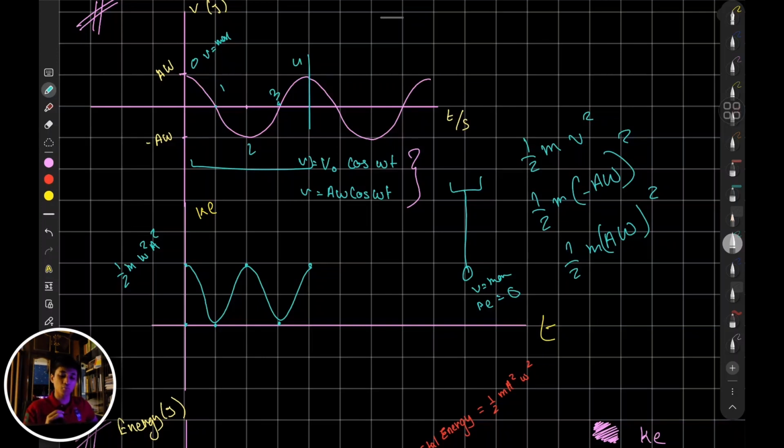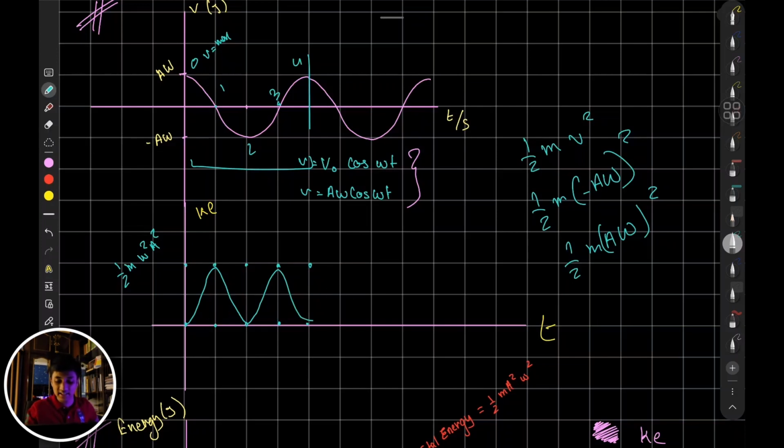Again, at position 1, notice that kinetic energy is 0. In that case, it is at a position like this. In this case, the maximum height is received, and the potential energy is again maximum. So for that, we're going to get a maximum value. If you repeat it for other points, this is how the plot looks like, and the curve that you get is going to look like this.